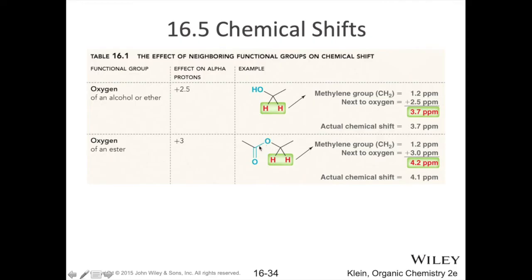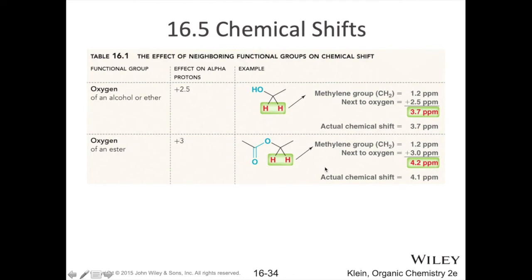It's going to offer some more deshielding, both due to the electronegativity of this oxygen and also due to the resonance effects of these electrons from this double bond swinging up, which would pull this lone pair from over here as well. So over there we see a shift of 3 ppm downfield.